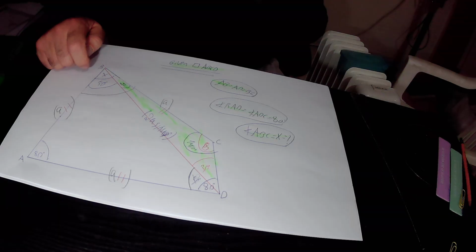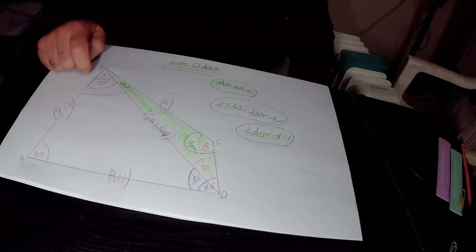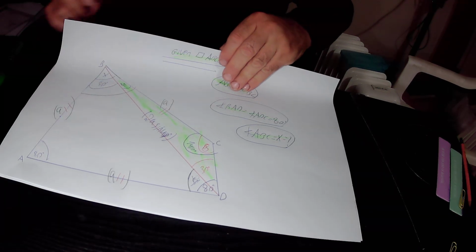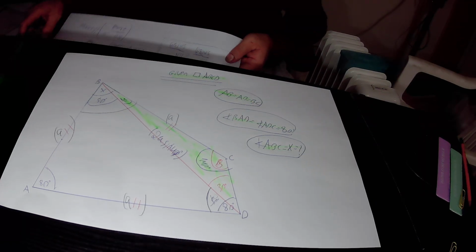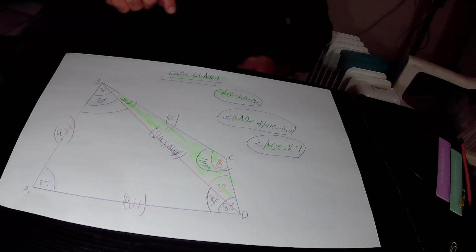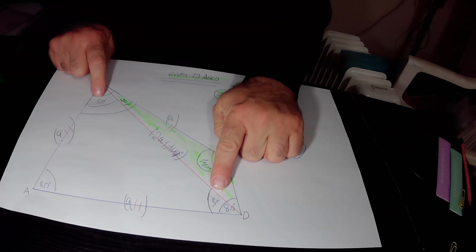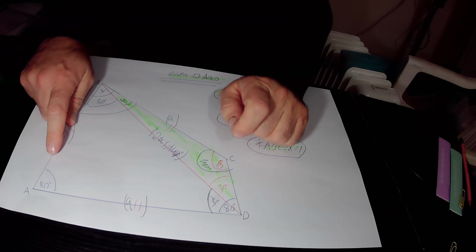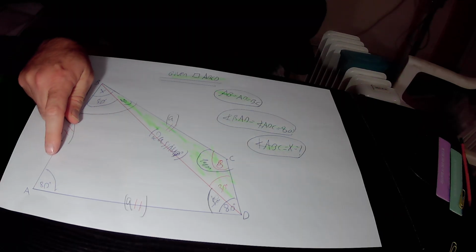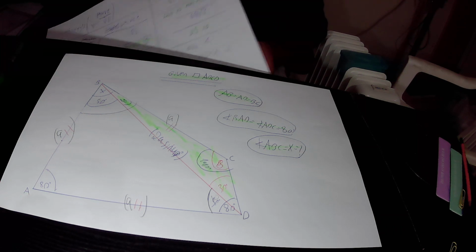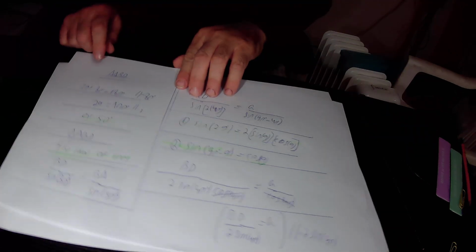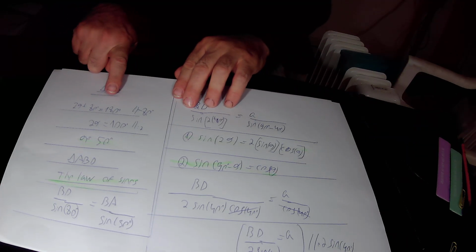We also know that the sum of the angles in any triangle is equal to 180 degrees. So in triangle BAD, alpha plus alpha, that is 2 alpha, plus the third angle, 80 degrees, in total must equal 180 degrees. So 2 alpha plus 80 degrees equals 180 degrees.